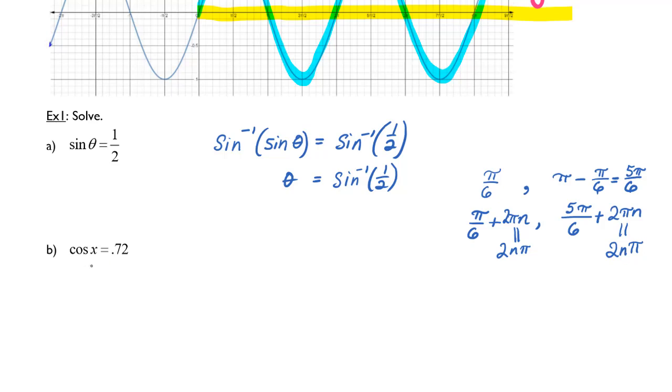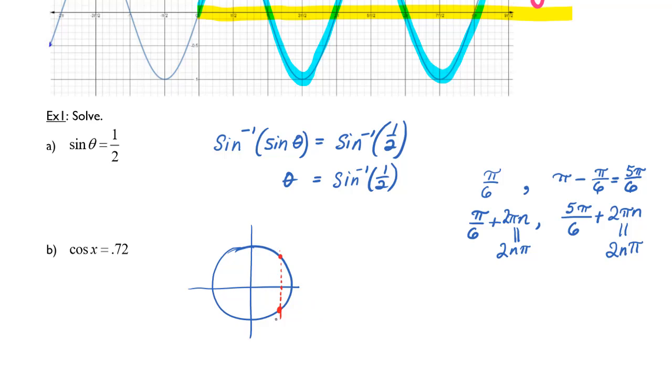Now, for cosine of x equals 0.72, recall that on a unit circle, 0.72 is how far you've gone in the x direction, and so we'll look at our unit circle first, and then we'll look at the repetitions unwound.